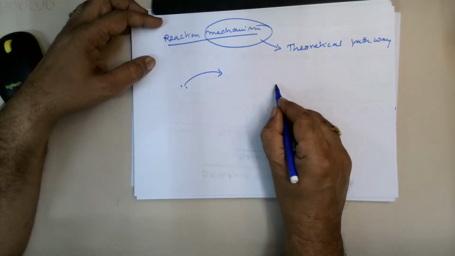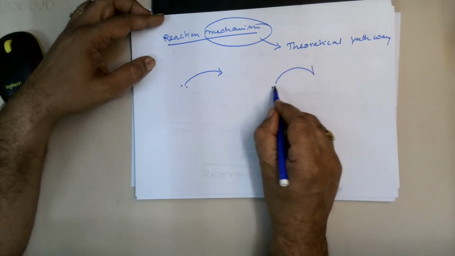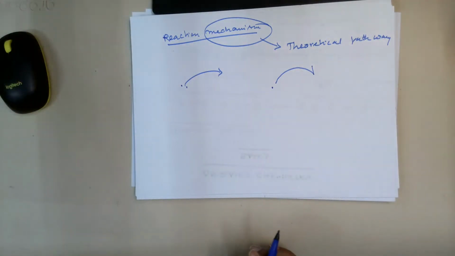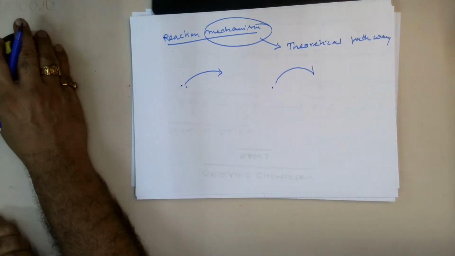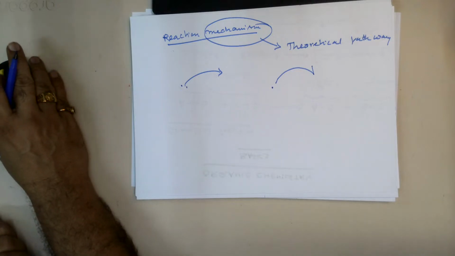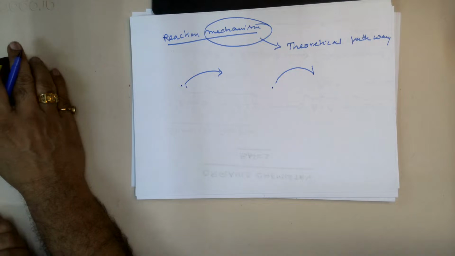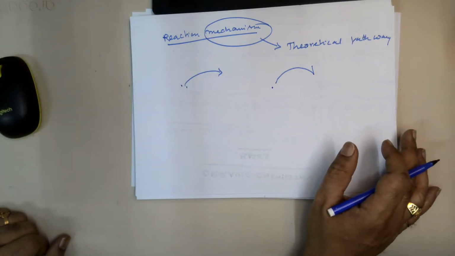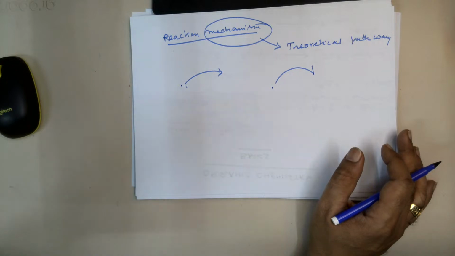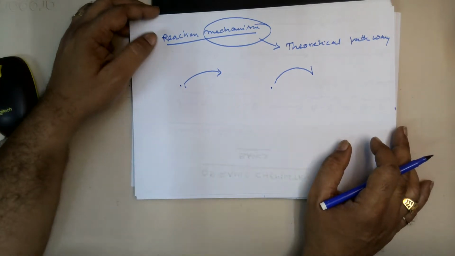A movement of a single electron can be represented by a single hooked arrow like this. So it is pretty clear that for a chemical reaction to occur, there is an electron transfer, and there is a fission of bond, that is cleavage of bond.